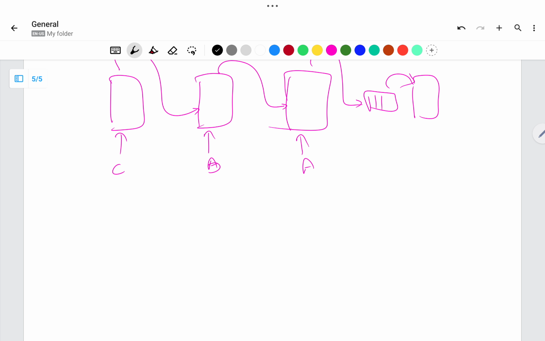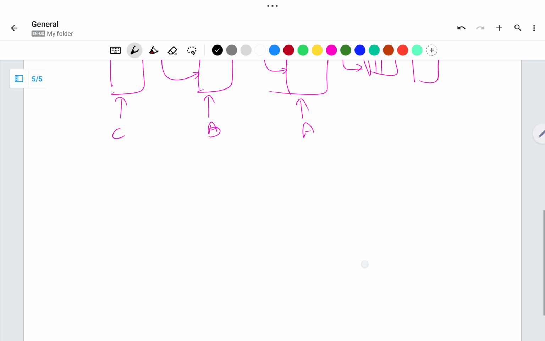So by reversing the order of the input sequence, they got improved results, improved performance of the model. This also reduced the minimal time lag that they had during inference.